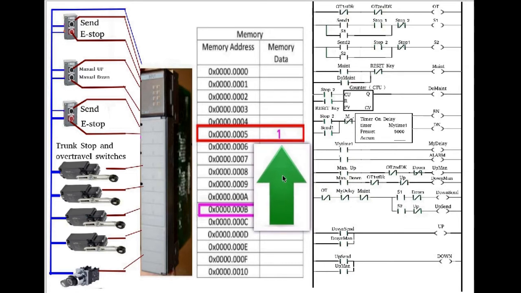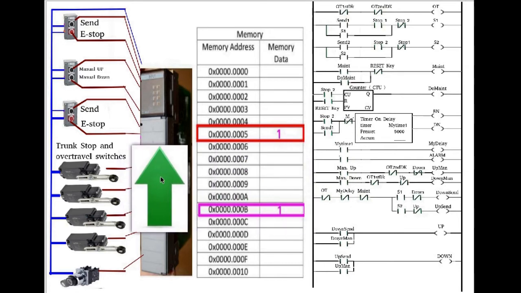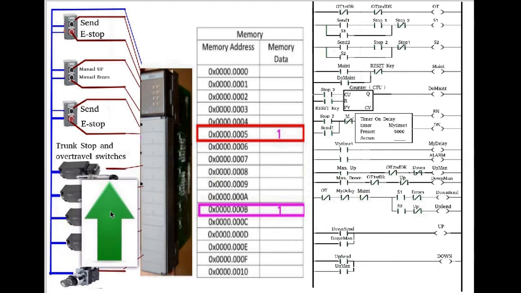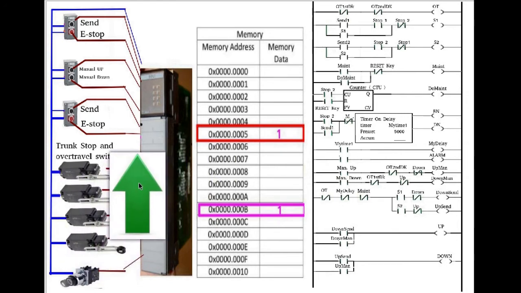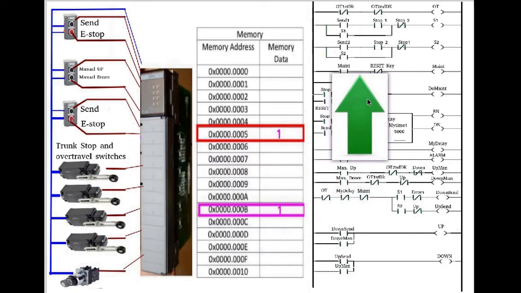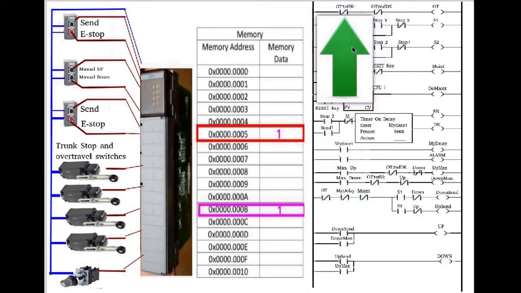So the memory address is affected by the input module, which puts a value over there that corresponds to the position of a switch or sensor or whatnot. And in turn, the address determines the outcome of the associated component within the ladder logic.